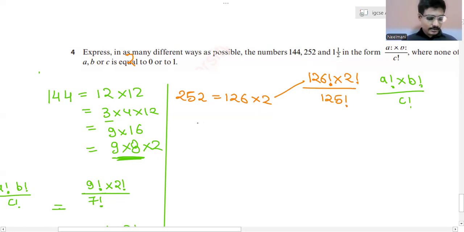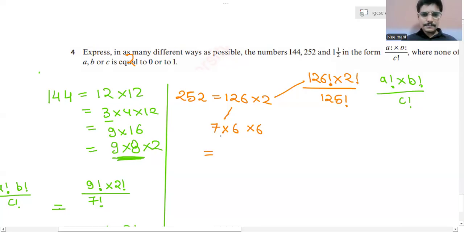Can we simplify it? Of course, why not? If we clearly see this, 252 is what, right? Can we say it is 7 into 6 into 6, the whole thing, 252, right?